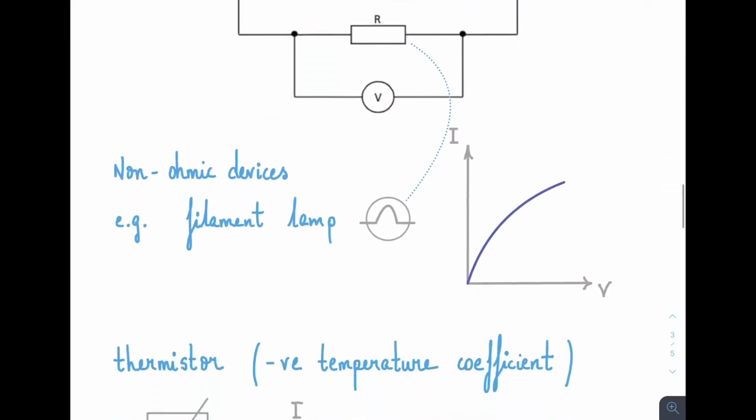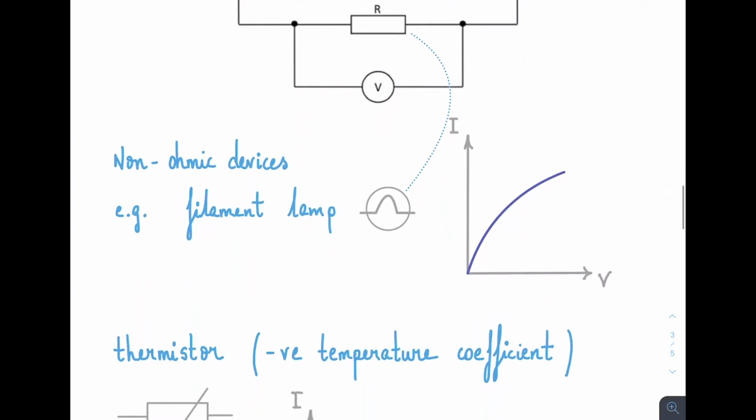Other devices can be tested by replacing the resistor R, say by a filament lamp. We are going to investigate now the filament lamp, the thermistor, and the diode.